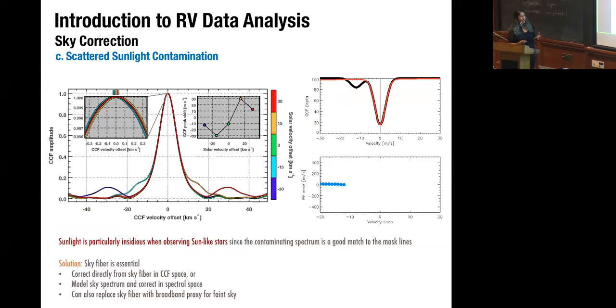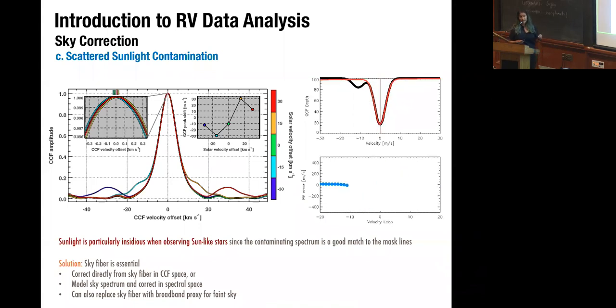This is especially bad if you're trying to observe a sun-like star, because now your contaminating spectrum looks just like the spectrum that you're trying to measure. Your cross-correlation mask will actually catch on that and make a little peak. That peak is going to move relative to your stellar peak with the barycentric velocity, so it's moving at plus or minus 30 kilometers per second. If you don't do anything, that's going to dominate what you measure.